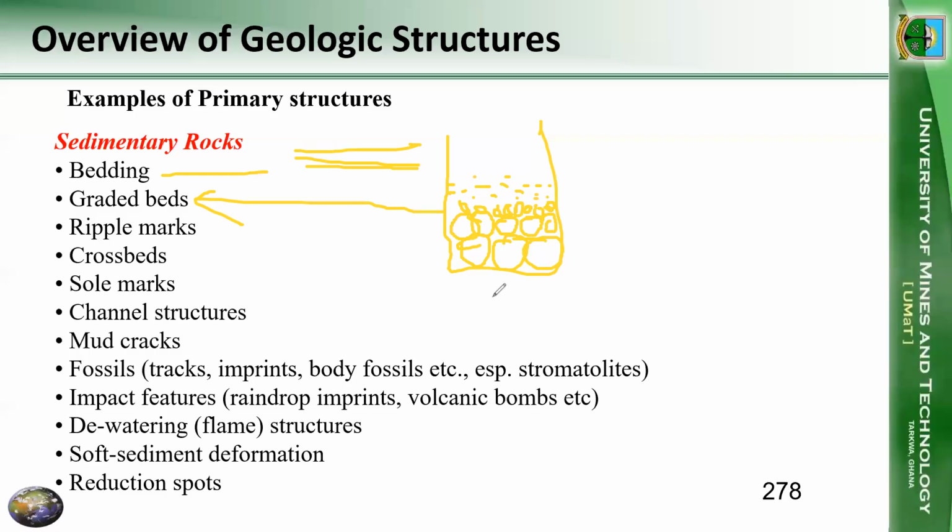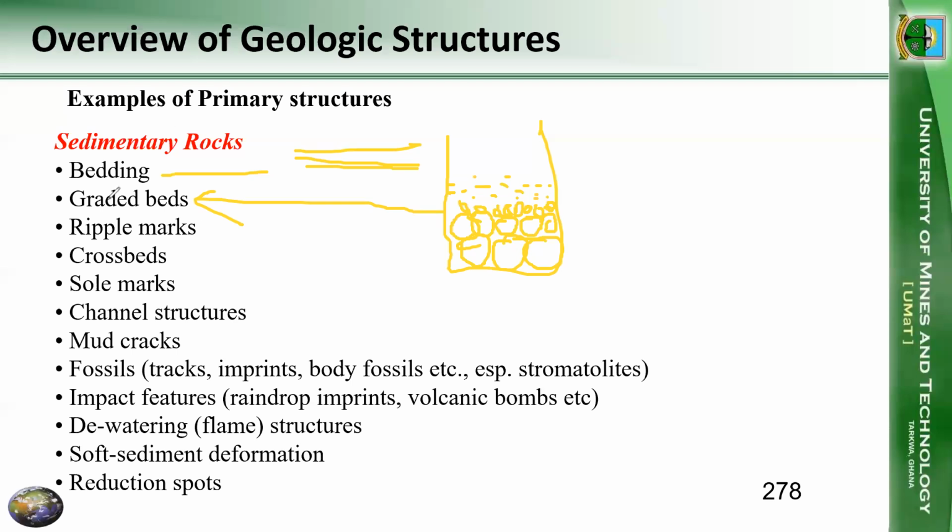Then we could also, you remember fossils? Fossils are also examples of primary structures. Then we could talk about dewatering structures, then soft sediment deformation, and then reduction spots. So we have a lot of examples of primary structures in sedimentary rock.